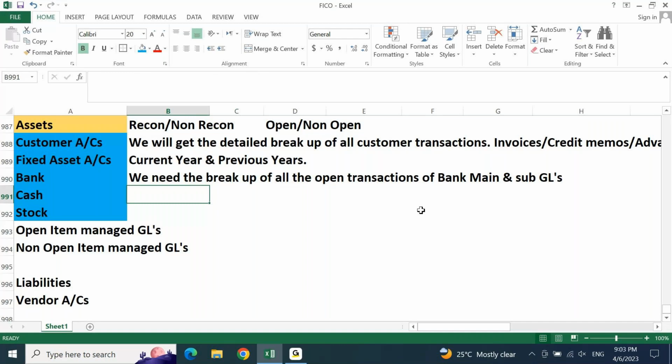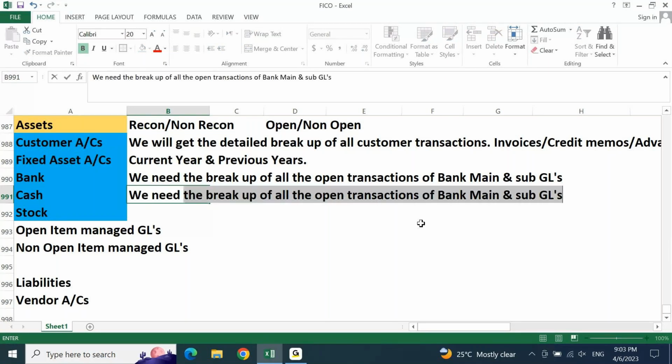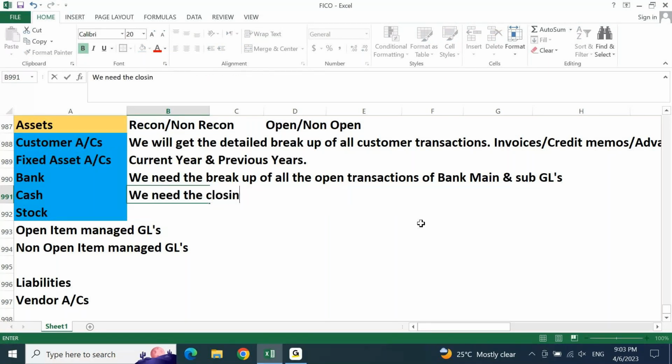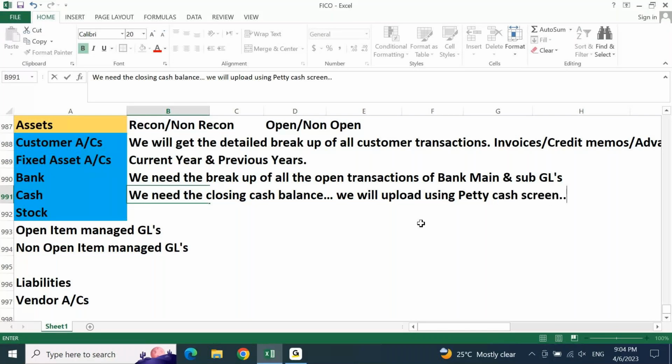And similarly for cash, we need the closing cash balance, and this we will upload using the petty cash screen, FBCJ.